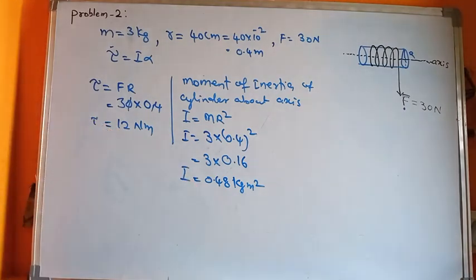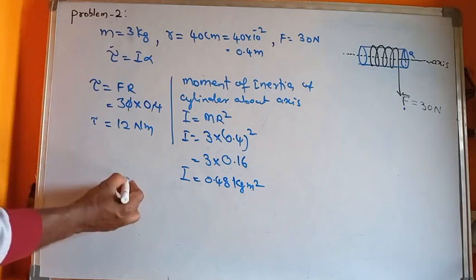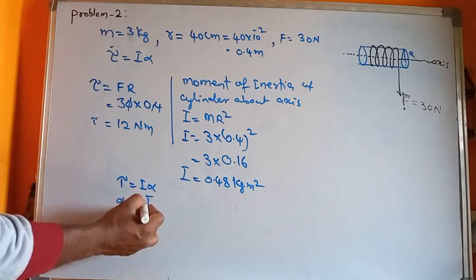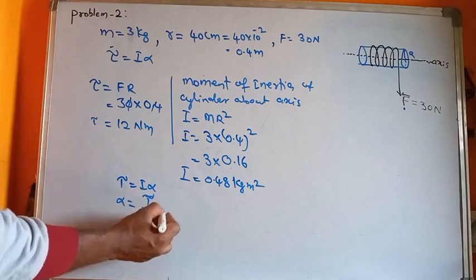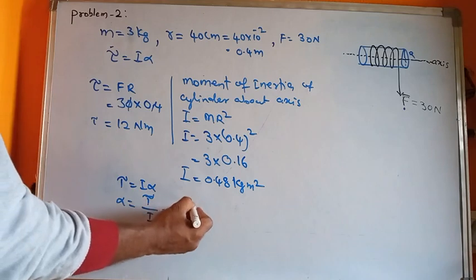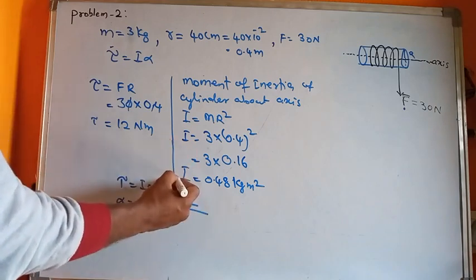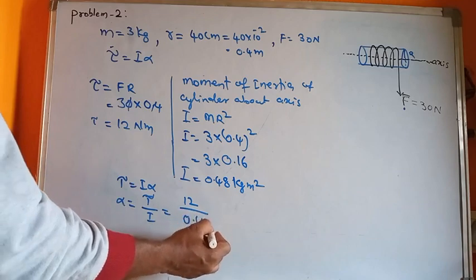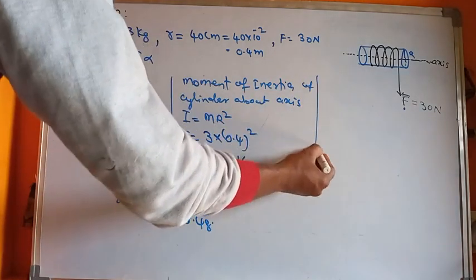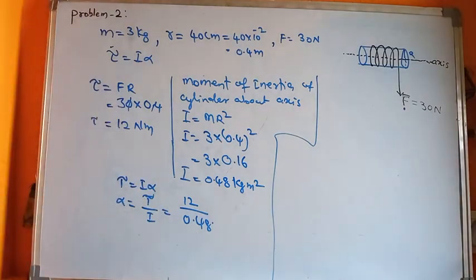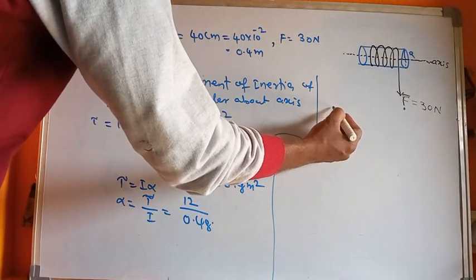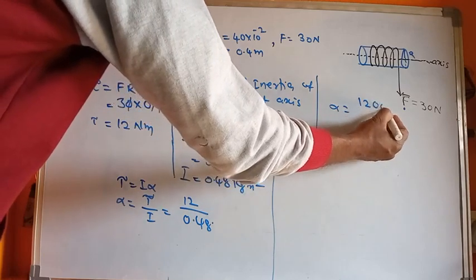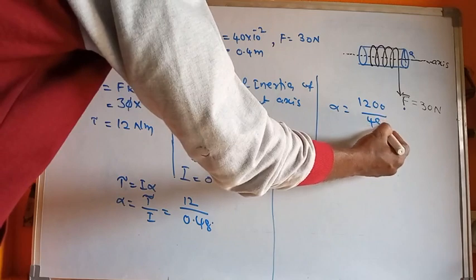Now we have I and also tau, so from that we can calculate alpha. From tau is equal to I alpha, alpha is equal to tau by I. The tau is 12 and I is 0.48. So alpha is equal to 1200 by 48.